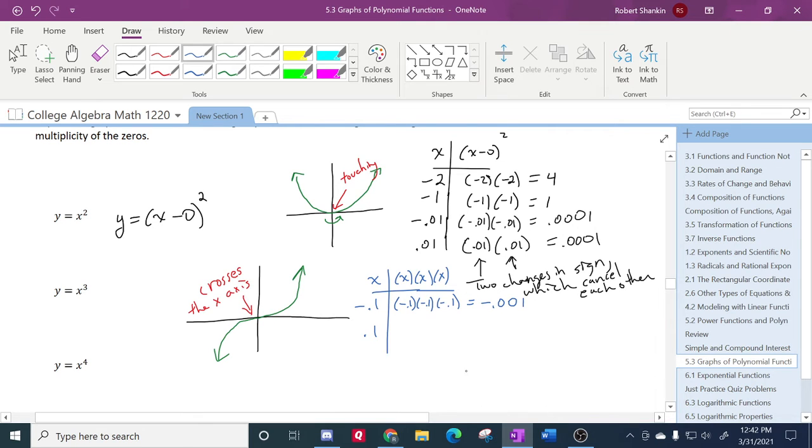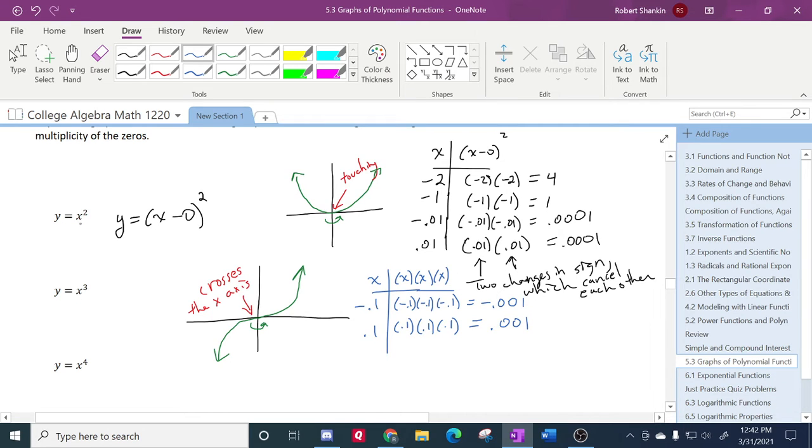But when you jumped over from negative 0.1 to positive 0.1, this sign changes. But this one does too, and this one does too. An odd number of sign changes does change the sign. And that's why you jump to the other side.